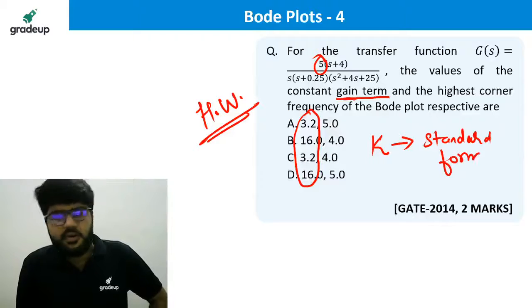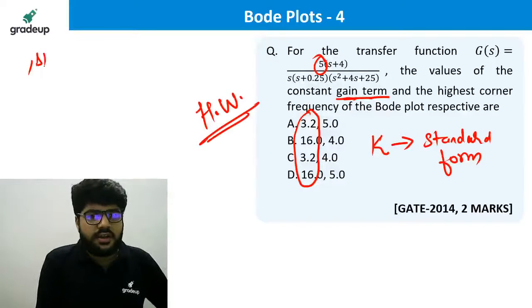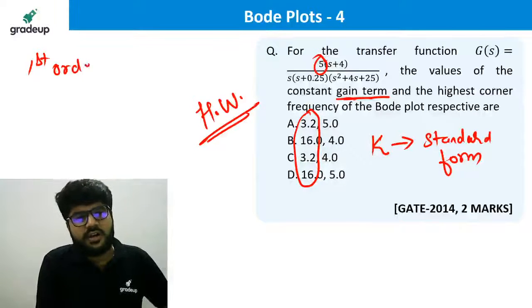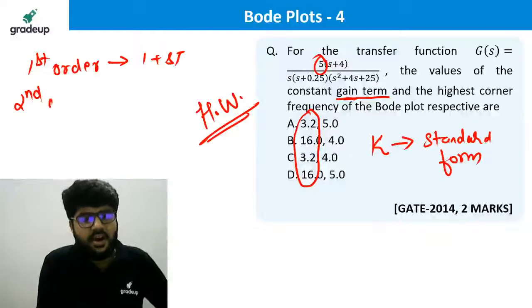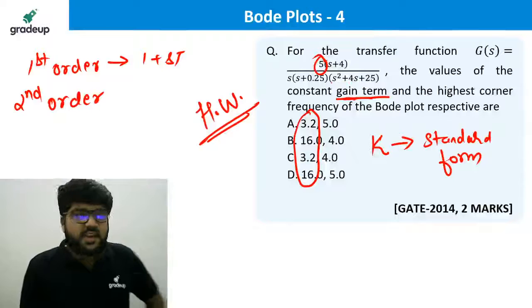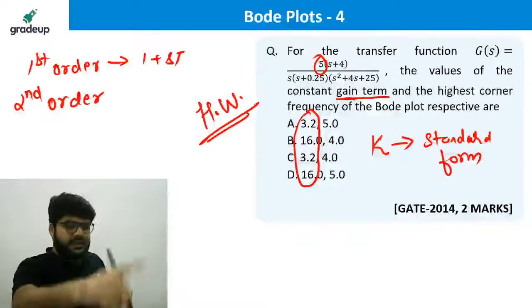If it is first order, the standard form is 1 plus sT, the time constant form. But if it is second order, there is also a second order term here. What is the corner frequency of second order? Comment the formula.